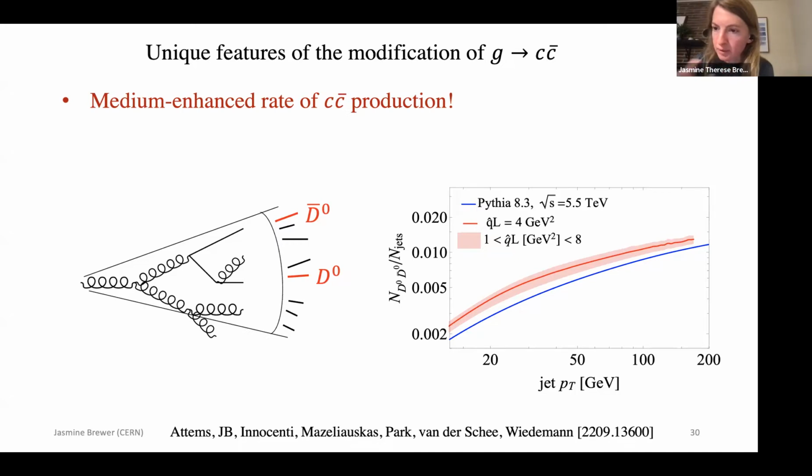Conceptually it might be what Will was pointing out, that you are on a steeply falling spectrum; I would have to think about that, but we checked in a fair amount of detail that this ratio gives you access just to the modification of the gluon to CC bar splitting, and you don't have to worry so much about the modification of all the other splitting functions that could take your gluon and make it so that it doesn't split to a CC bar pair in medium. So it's an intricate question, which we took a while to give a quantitative answer to.